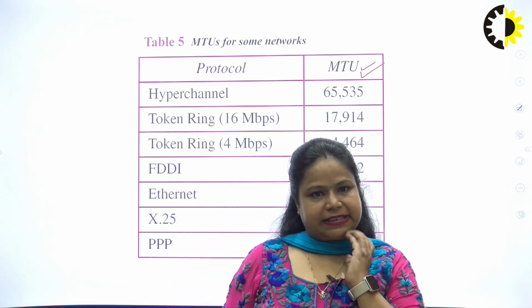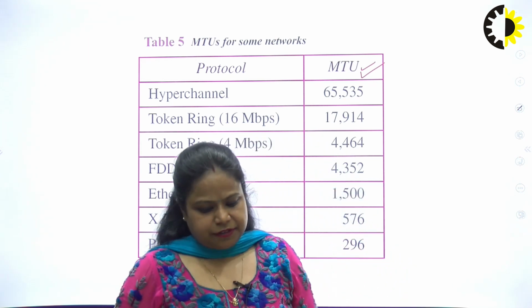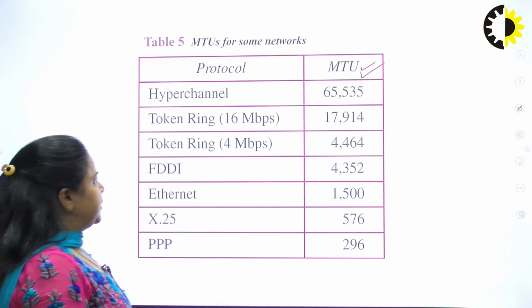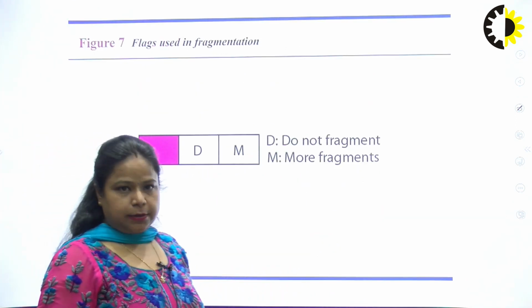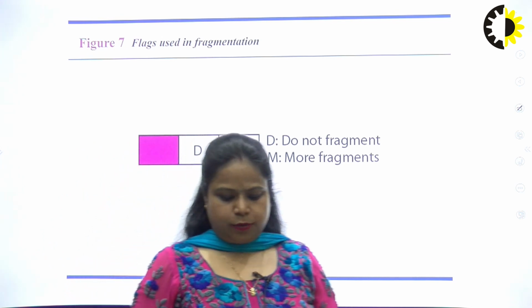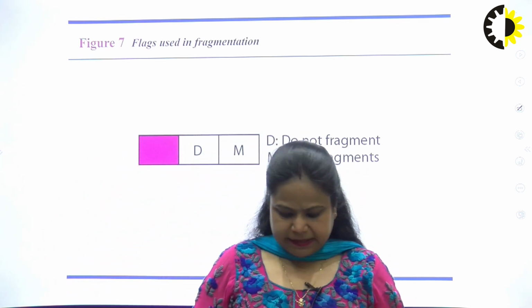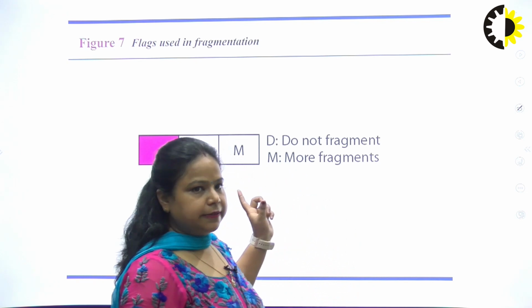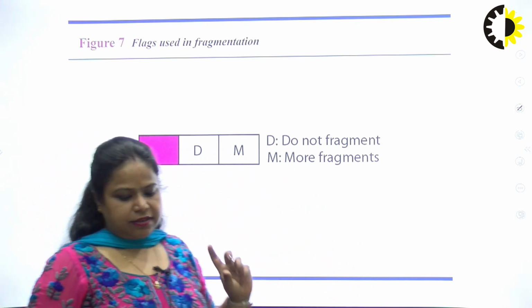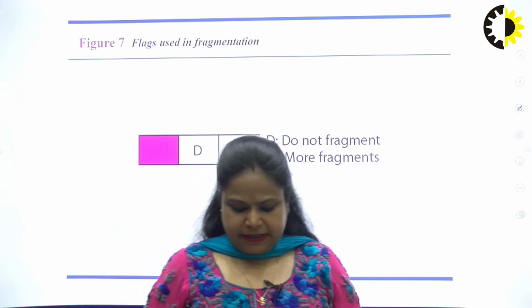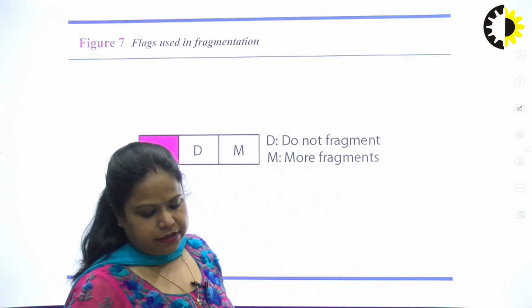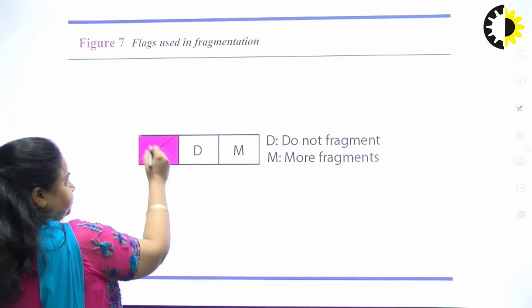complete datagram, right? Then after that, we are going to talk about the next bits, called the flag bits. Remember one thing, when I am talking about the flag bits, we are using a 3-bit field, right? This is a 3-bit field. In this 3-bit field, the first value is never used, right?